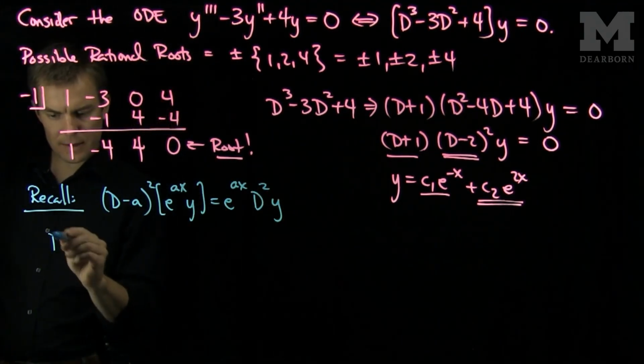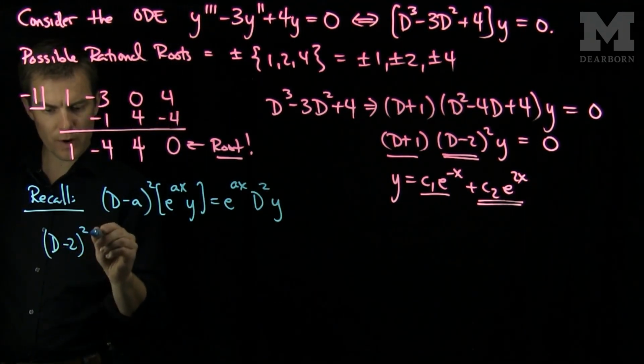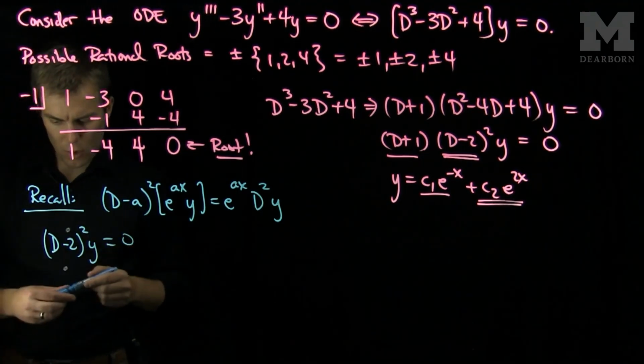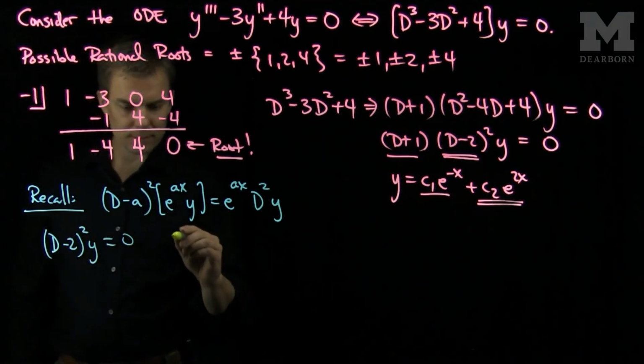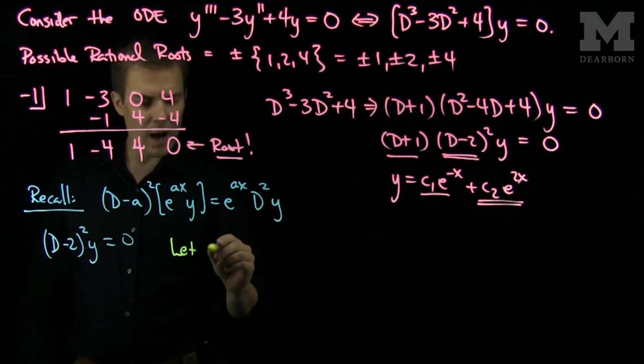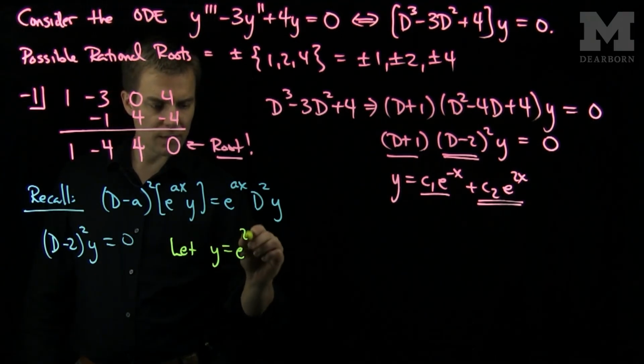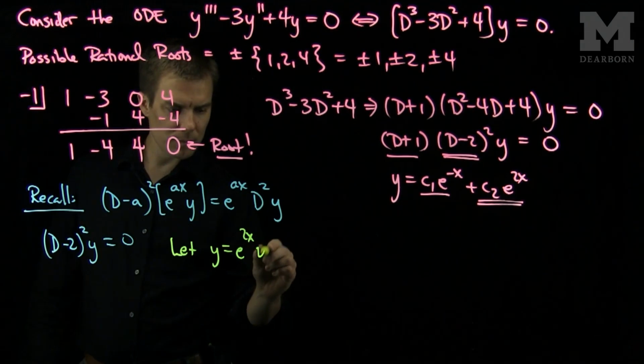So if I had D minus 2 squared y equals 0, what we could do is we could let y equal e to the 2x times u.